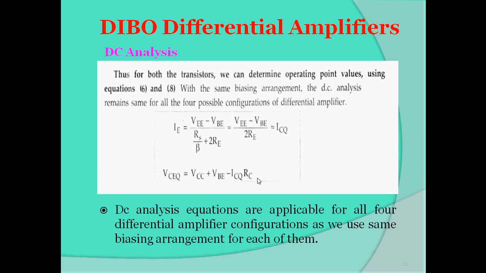To obtain the operating points we go for DC analysis, and to find voltage gain and input resistance we go for AC analysis. For one configuration, the dual input balanced output differential amplifier, we have determined the operating point values ICQ and VCEQ with the DC analysis.